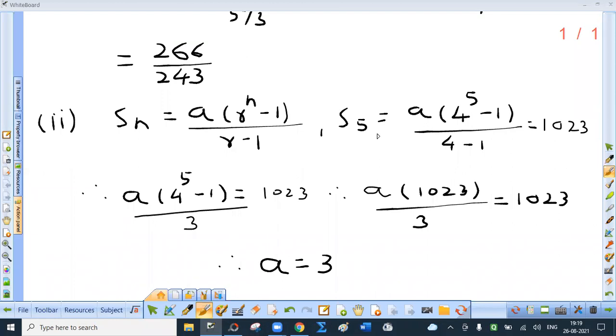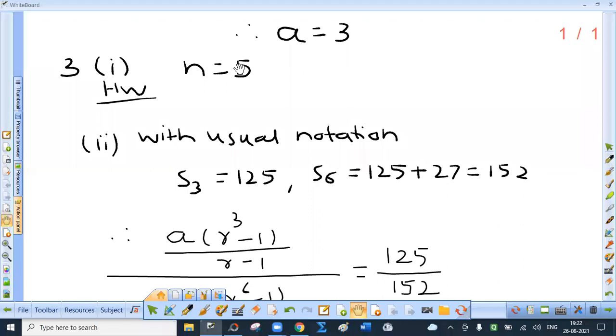A equal to 3. Now third sum, first part is for homework, simple one. For a GP, small a is 2, common ratio is 3, Sn is 242, so find n. You get 3 raised to n equal to 243, which is 3 raised to 5. So n equal to 5.